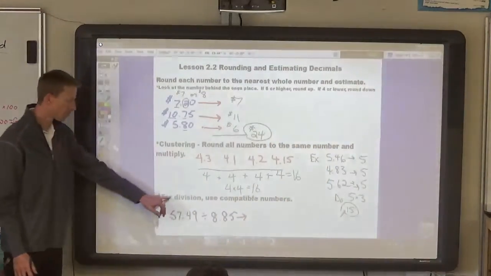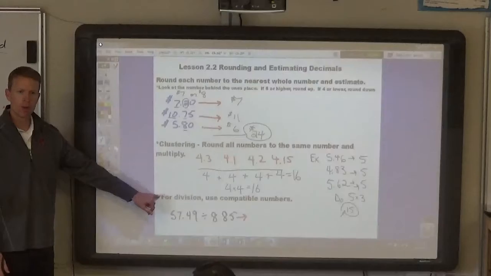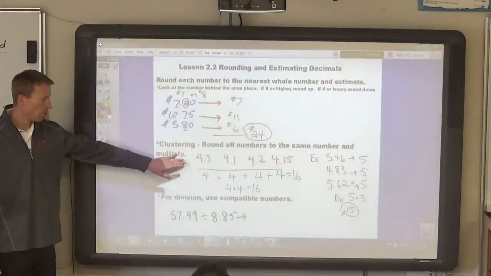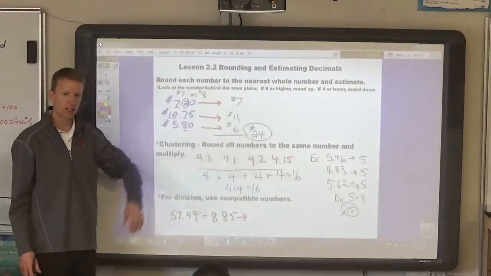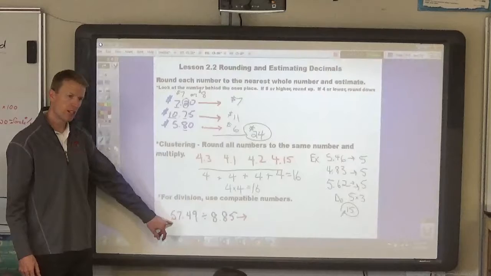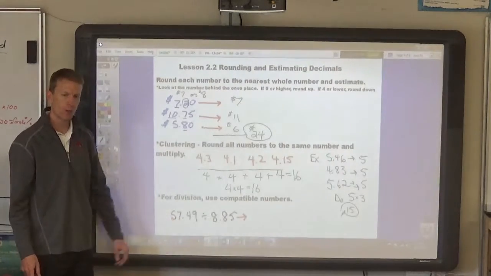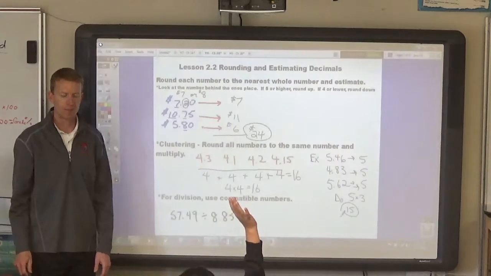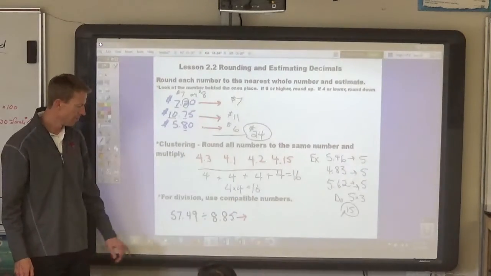Now, you do the same thing for multiplying, by rounding to the nearest whole number, or using front-end estimation. But for division, what do we do for division when we're estimating? Aiden? We estimate it, then we divide it.